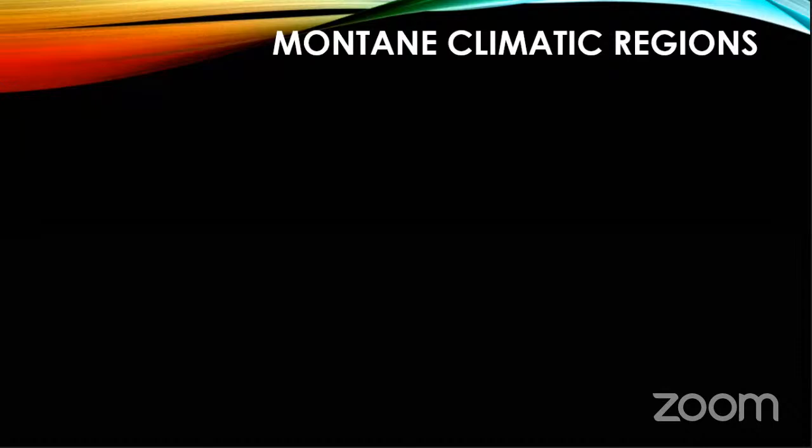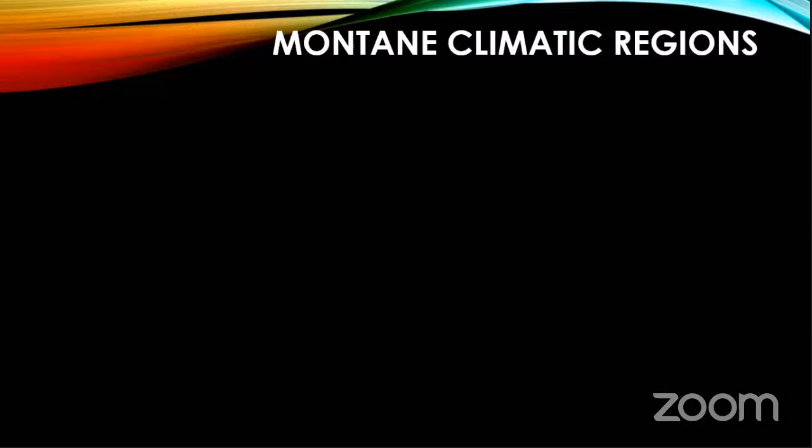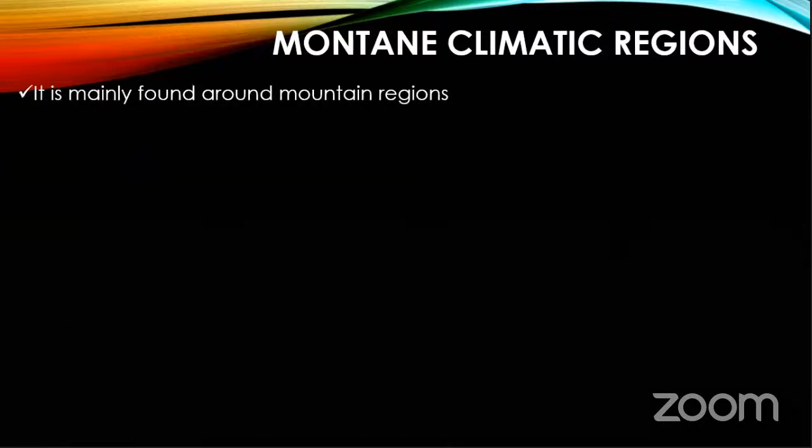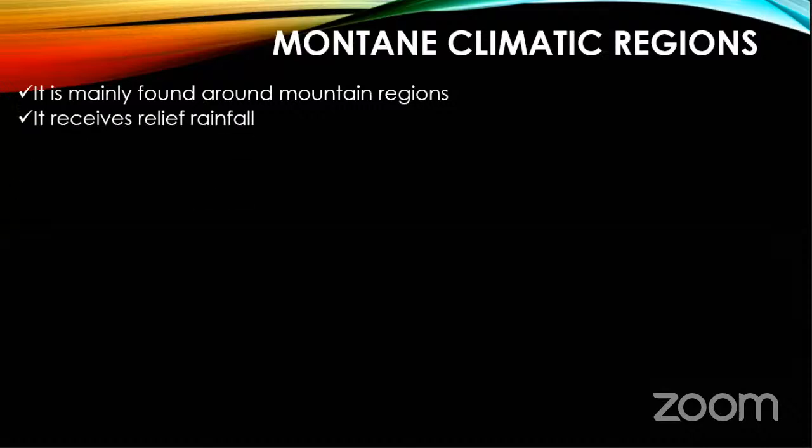It is cool and wet throughout the year. Okay, we shall find out. Okay, so one, it is mainly found around mountain regions. So whenever there is a mountain, you can easily find the montane climatic region. So number two, it receives relief rainfall.